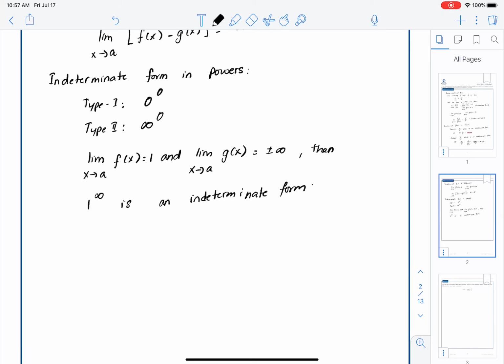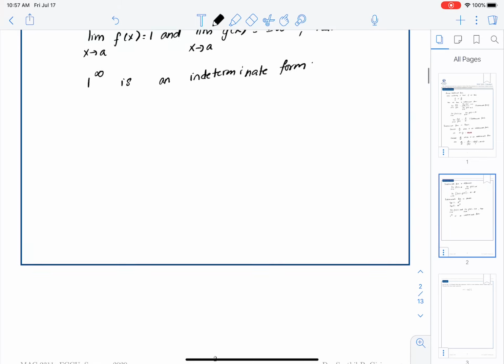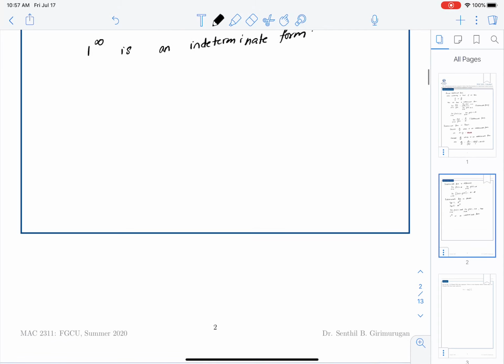So oftentimes we evaluate limits with the use of logarithmic differentiation, implicit differentiation, or one of those to come up with an answer. But fundamentally, there is a rule that we use to evaluate the limits.